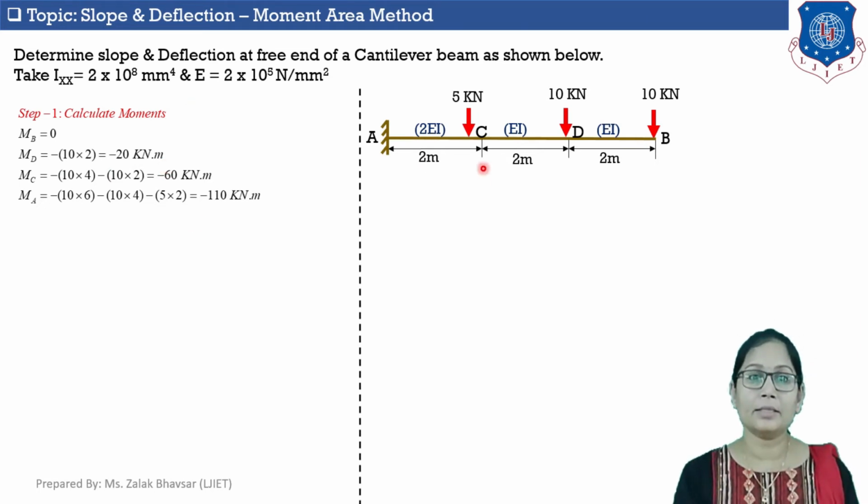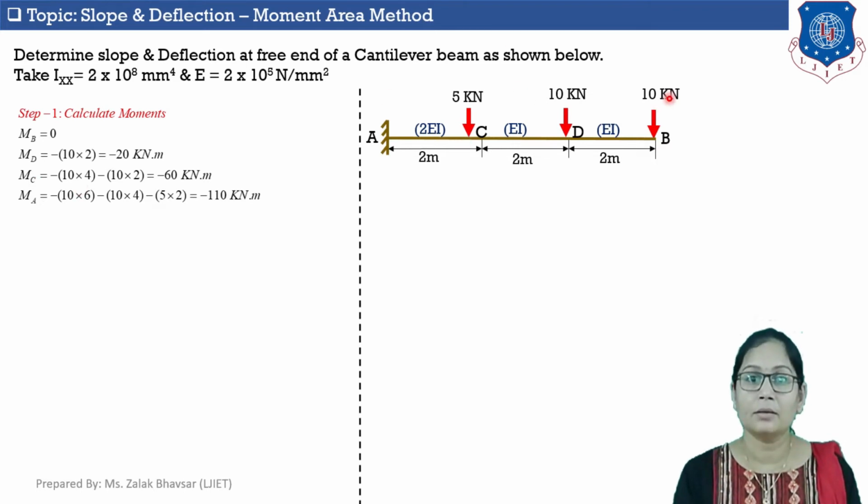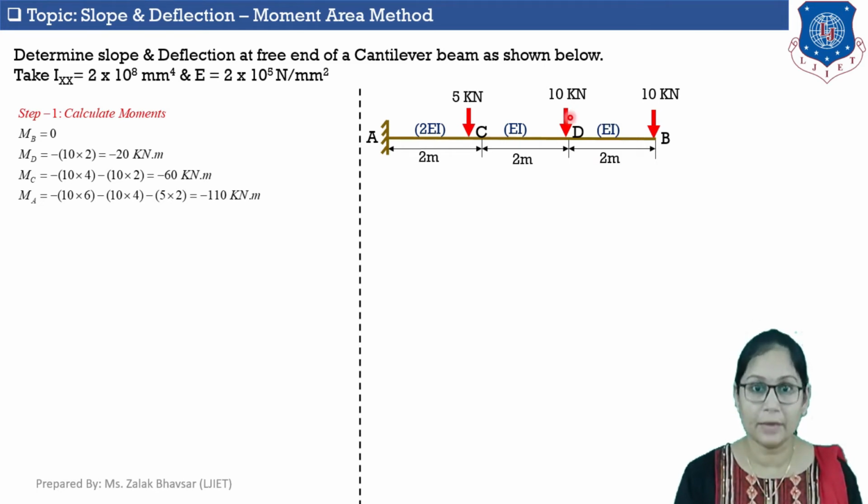Now let's calculate moment at point C. So here both 10 kilonewton point load will generate moment about point C which is clockwise in a nature, and we will consider clockwise moment as negative.